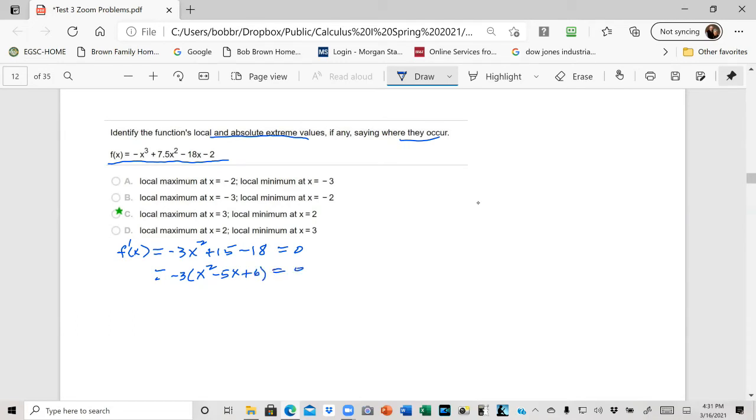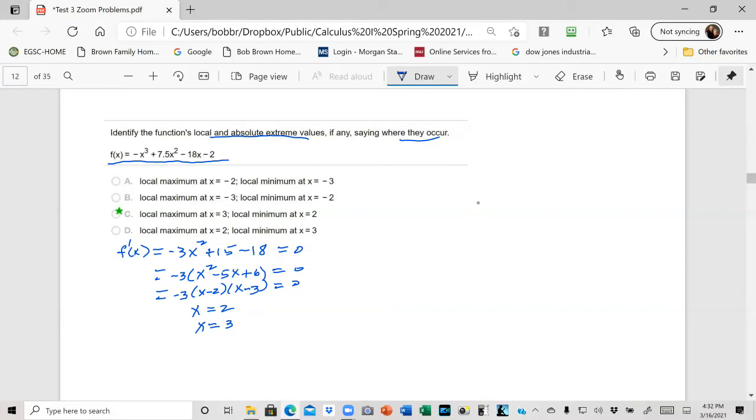Set that equal to 0. And then we factor the quadratic, and we get x minus 2 times x minus 3 equals 0. So x equal 2 and x equal 3 could be either local minimum or local maximum.